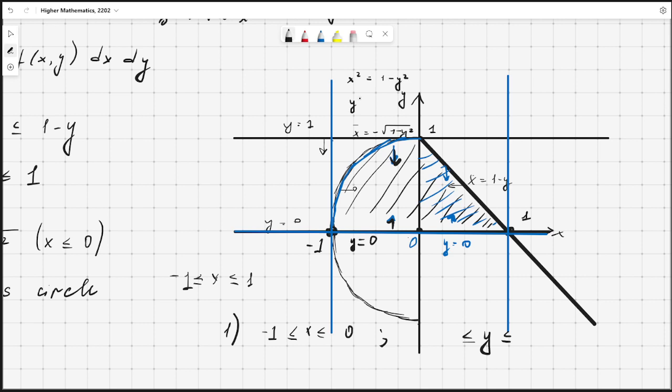From this y squared equals 1 minus x squared, and y is the upper semicircle because it is plus square root of 1 minus x squared. From 0 to plus square root of 1 minus x squared. It is the first part of our area of integration.